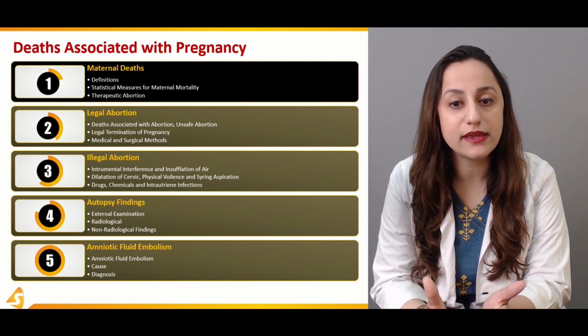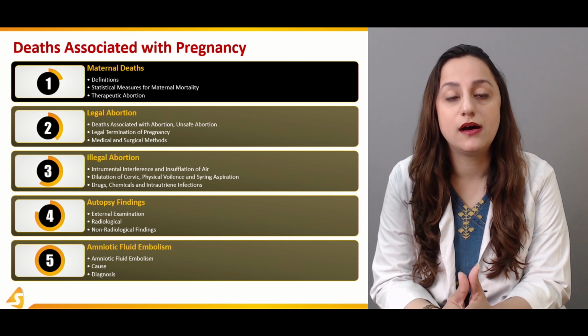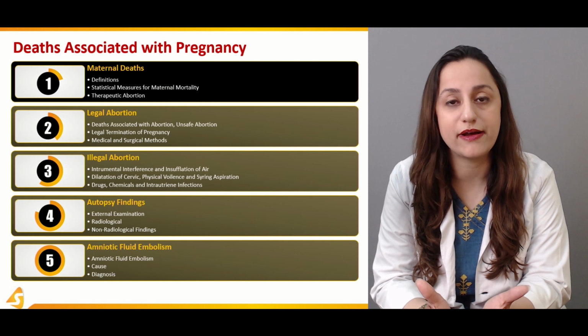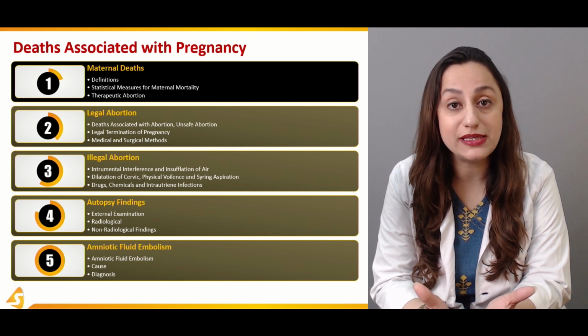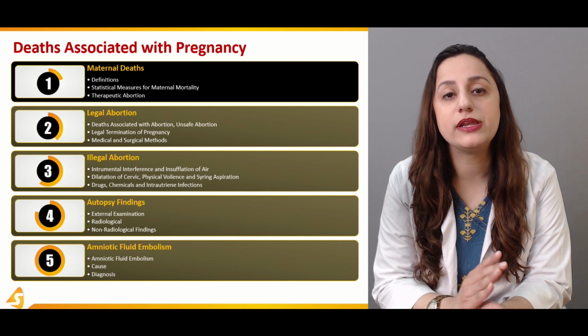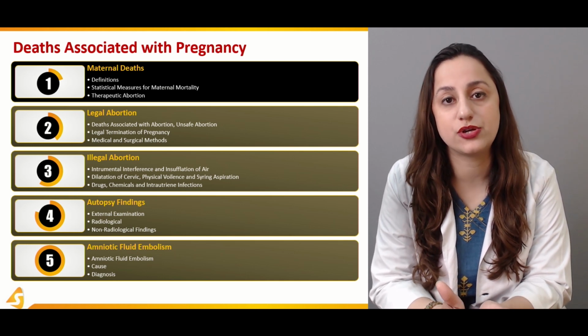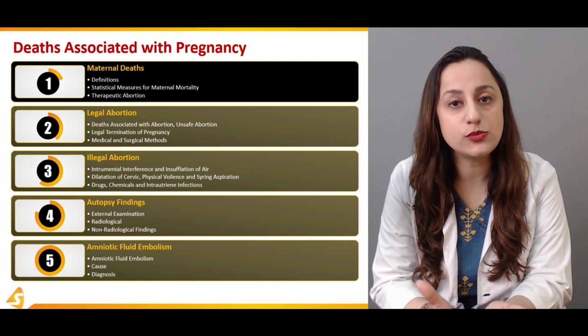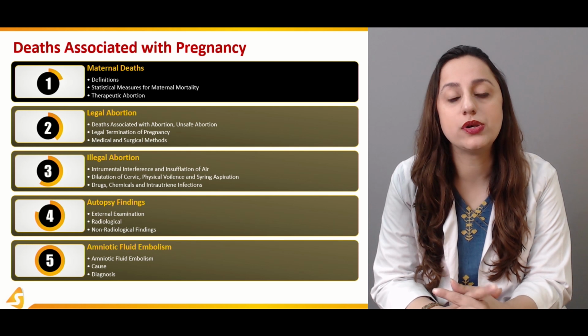Now, the statistical measures are also very important. A lot of research is being carried out by different practitioners working in the fields, and that is very helpful whenever we are calculating the deaths related to these pregnancy related causes. The maternal mortality has its own ratios.